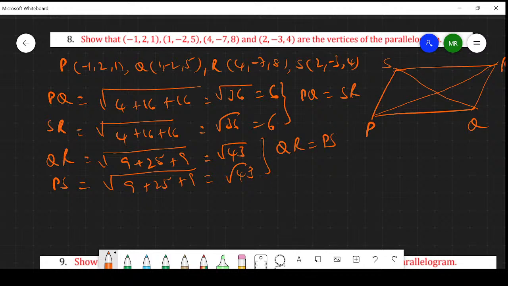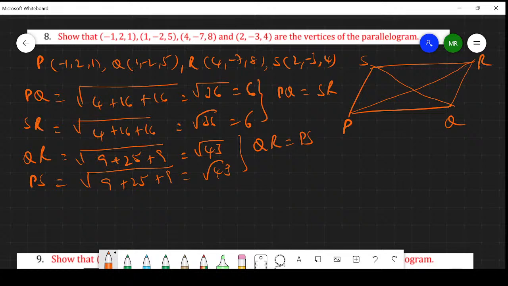Now we should prove the diagonals are not equal. You find PR, the distance between P and R. This is a diagonal. When you are finding PR, 2 minus 1, again 9. Sorry, I am taking PR here. Be careful.